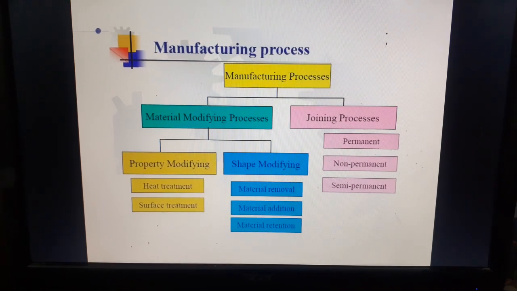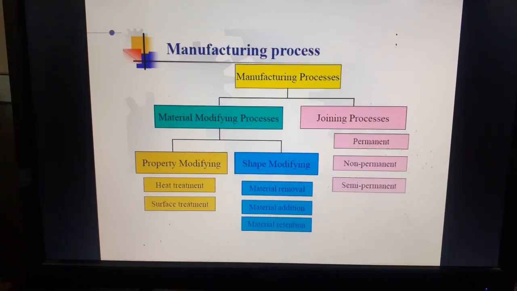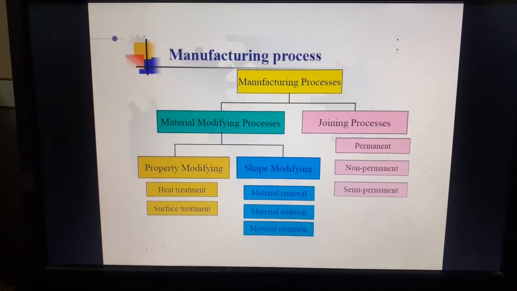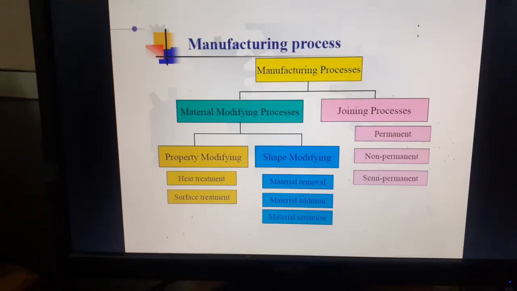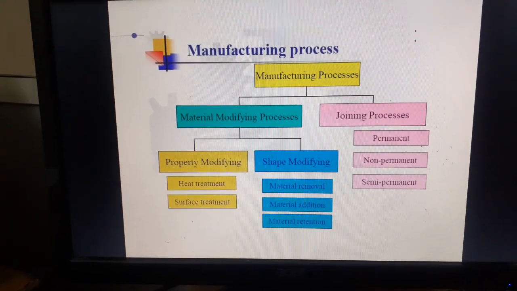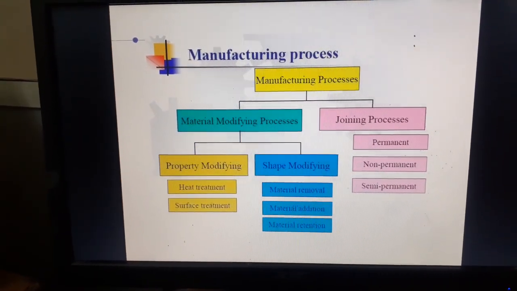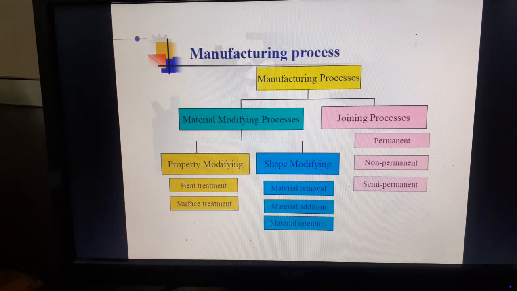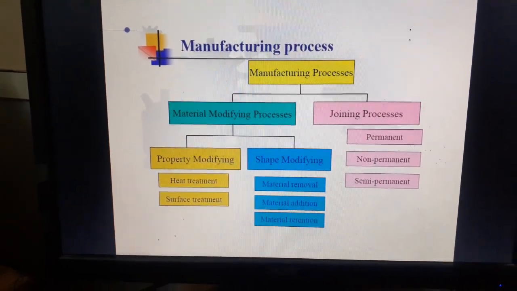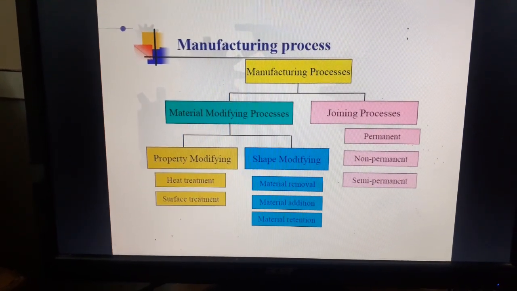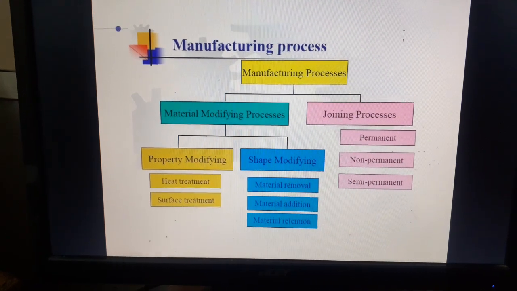Casting is a fundamental manufacturing process where molten metal is poured into a mold to create a solid object with a specific shape and structure. This is the broad classification of manufacturing processes.